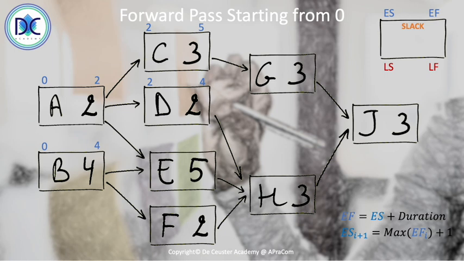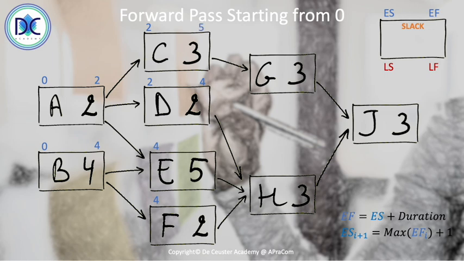So now for E, we take the highest early finish of the predecessors. So for A, this is 2. For B, this is 4. So for E, the highest early finish of the predecessors is 4. The same for F. Here we only have one predecessor, which is B. So now we can calculate the next step.